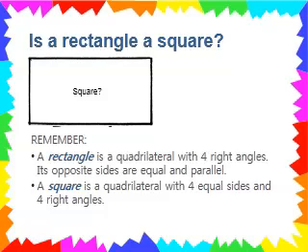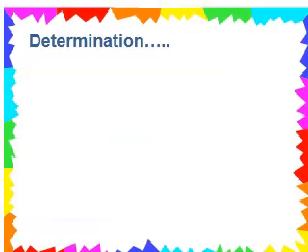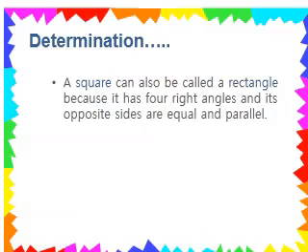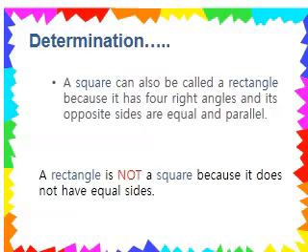Does the rectangle have 4 equal sides? No, so a rectangle is not a square. A square can also be called a rectangle because it has 4 right angles and opposite sides are equal and parallel, but a rectangle is not a square because it does not have equal sides. So our answers were correct.